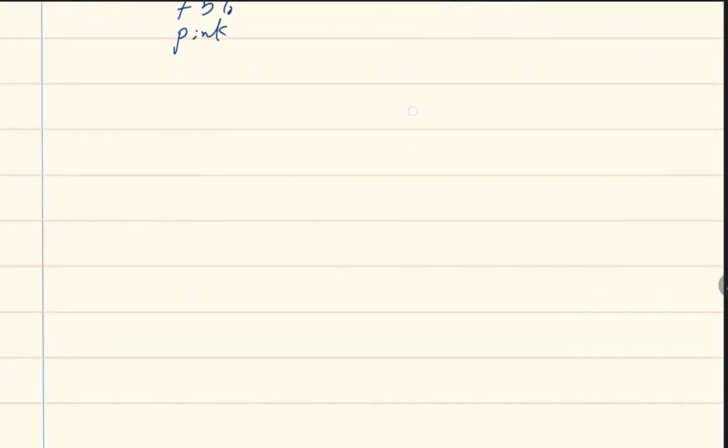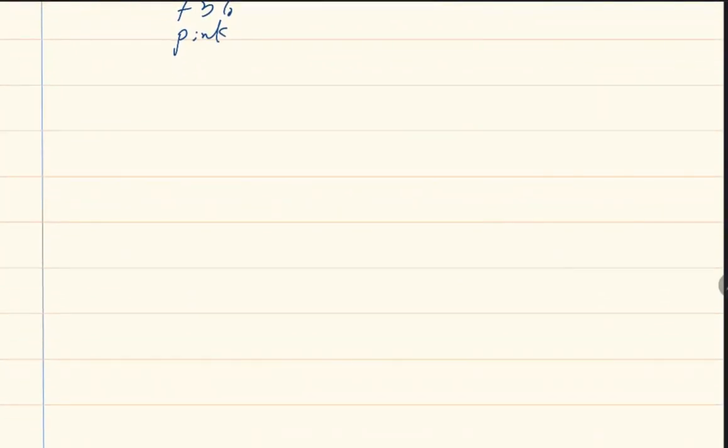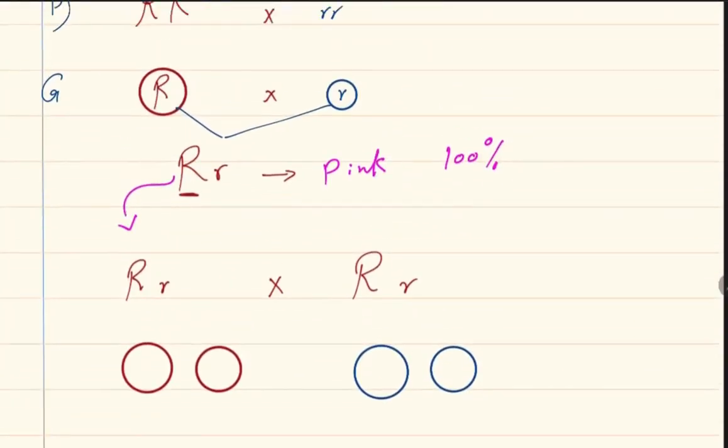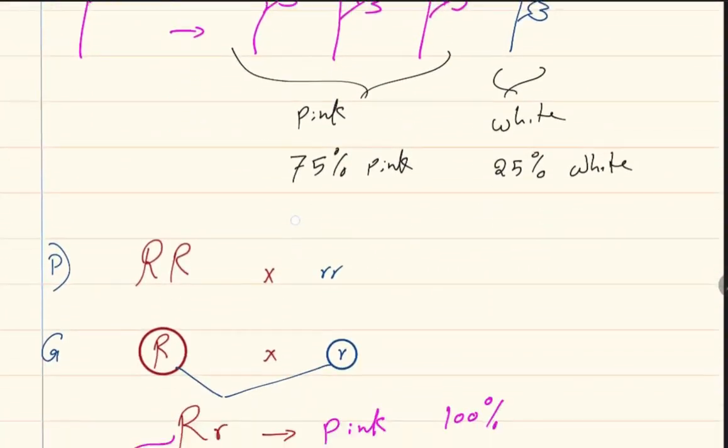We concluded that there are characteristics which are dominant. Dominant characteristics appear in F1 100%. So, the dominant in F1 appeared by 100%.